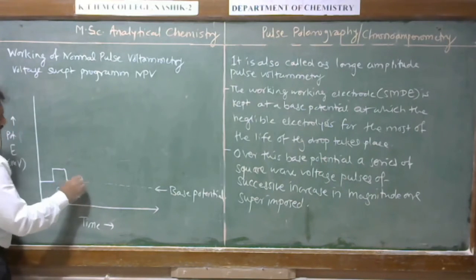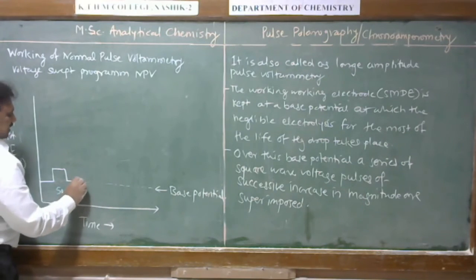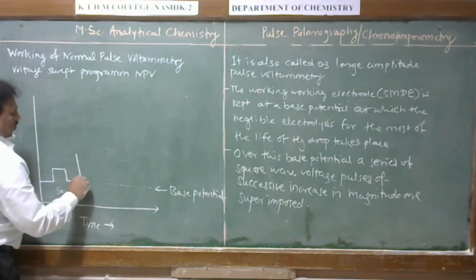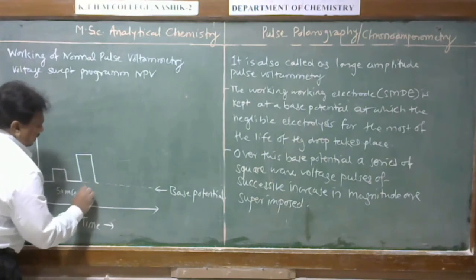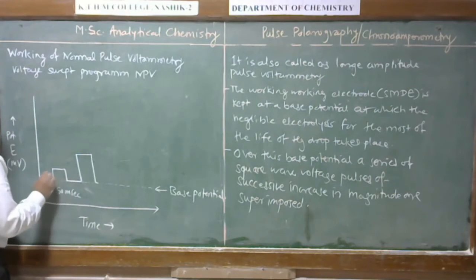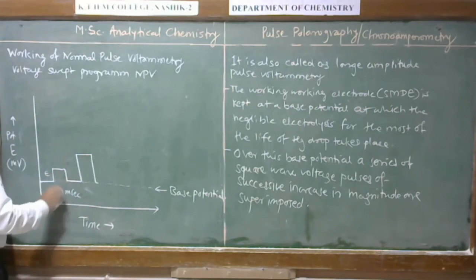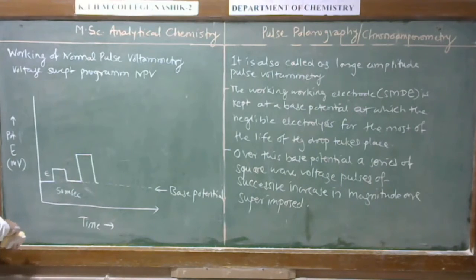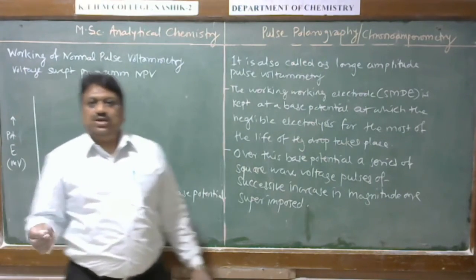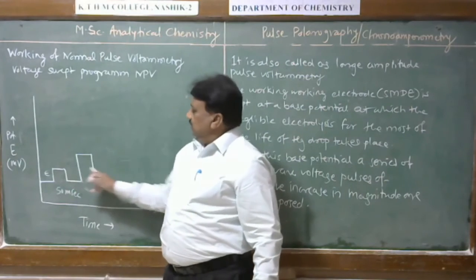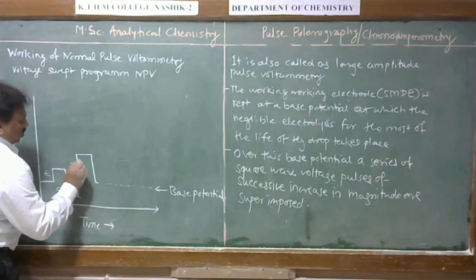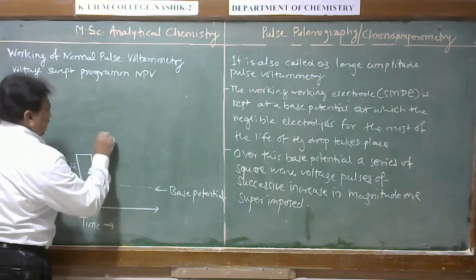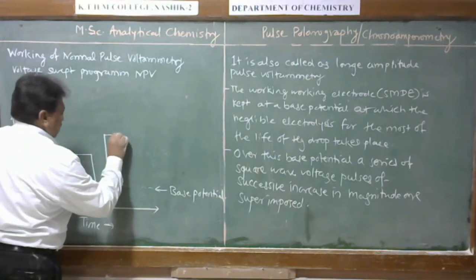Again it returns to the base potential for 50 milliseconds. Again a second potential pulse is given for 50 milliseconds, and if the increase is E volt, say 10 millivolt, then it will be 20 millivolt, then 30 millivolt, like this. Therefore, this is 2E, then this is 3E.